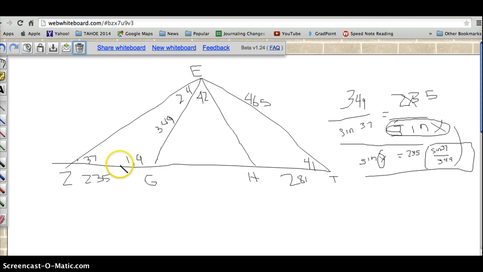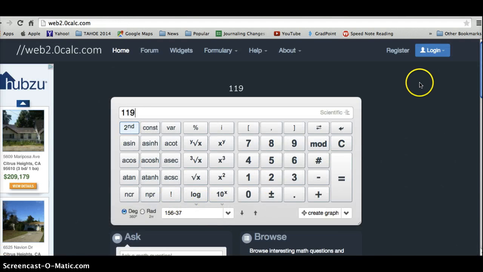Because guess what? These two angles are supplementary, which means they also equal 180. So now I have 119. So I know that this angle over here has to be 180 minus 119, which is 61.